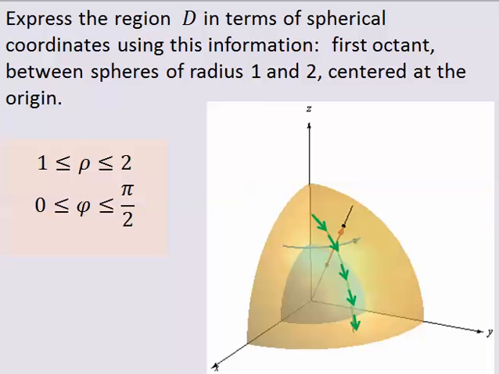Well, I have to stay in the first octant, and so phi is going to start up at 0, that's my positive z axis, and keep moving down until it gets to pi over 2, which is my xy plane. Again, for the same reason, theta has to be between 0 and pi over 2 because I have to stay in the first octant.